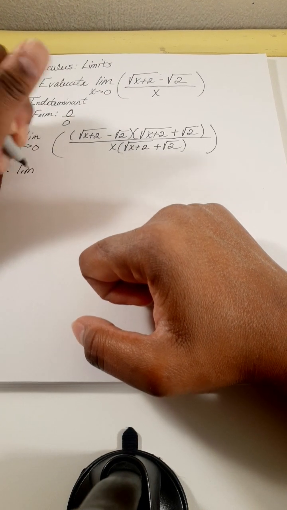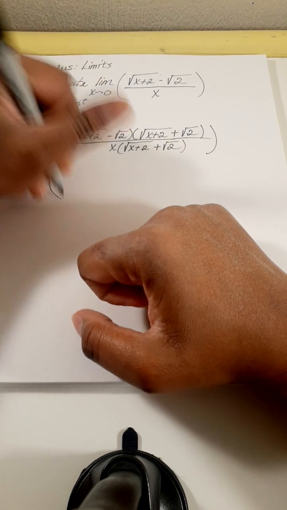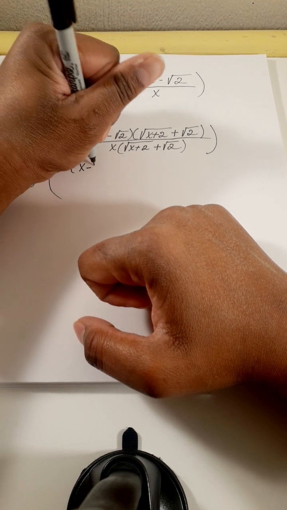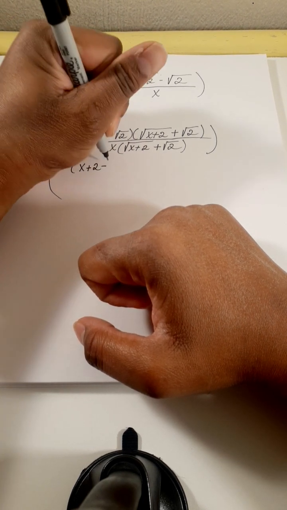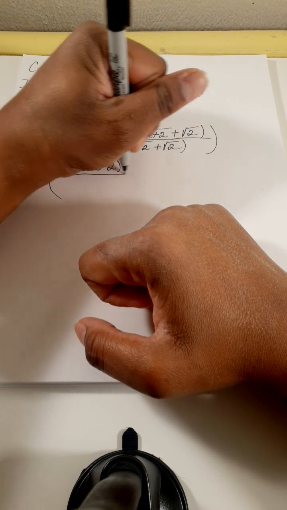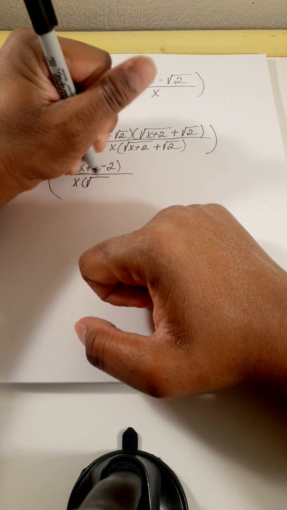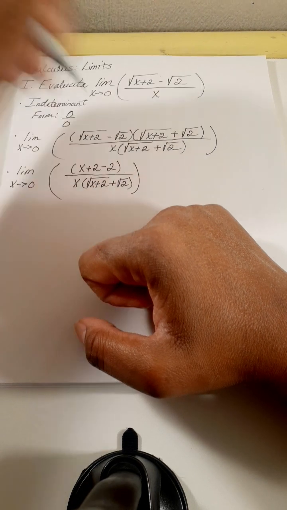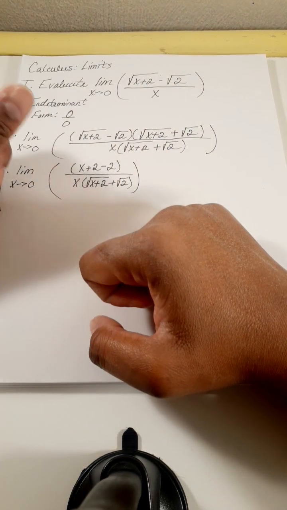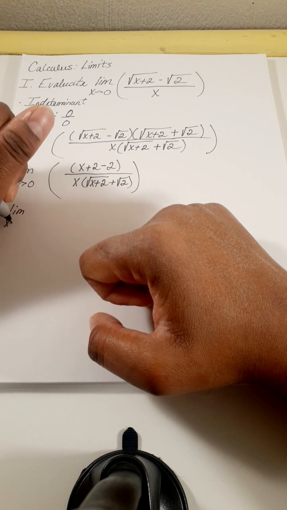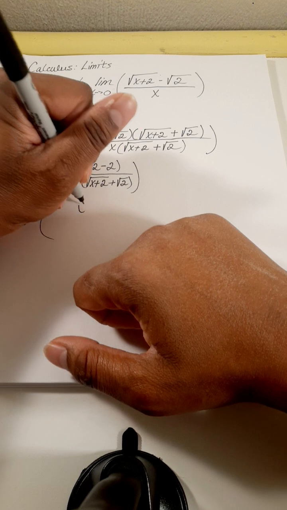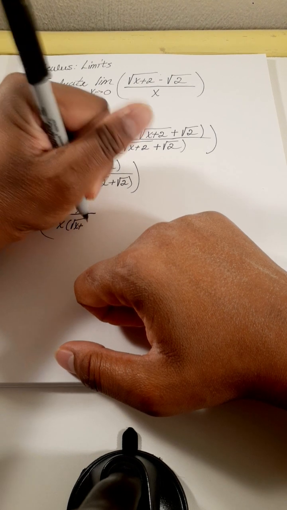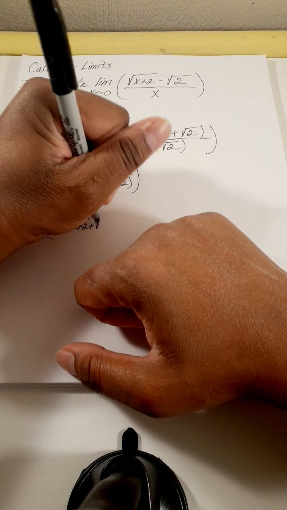Now simplify it. It's the limit as x goes to 0, and notice that in the numerator I'll just end up getting x plus 2 minus 2, all divided by x times the square root of x plus 2 plus the square root of 2. 2 minus 2 is obviously 0, so this just leaves us with the limit as x goes to 0 of x over x times the square root of x plus 2 plus the square root of 2.